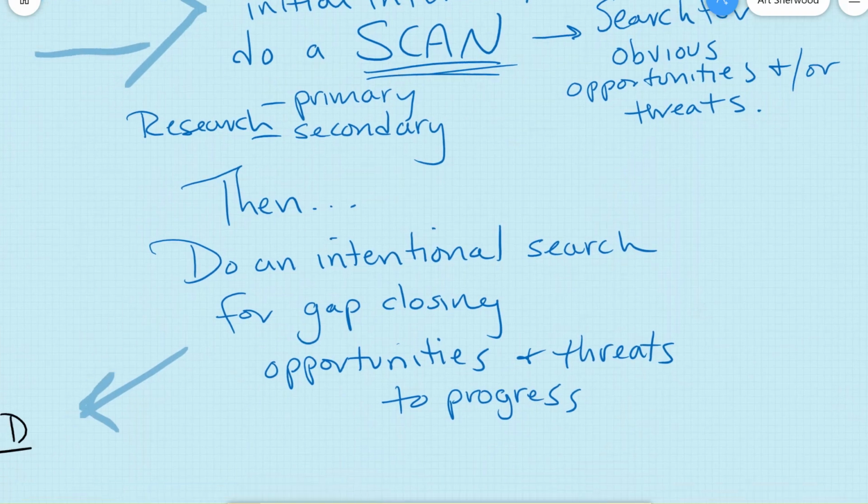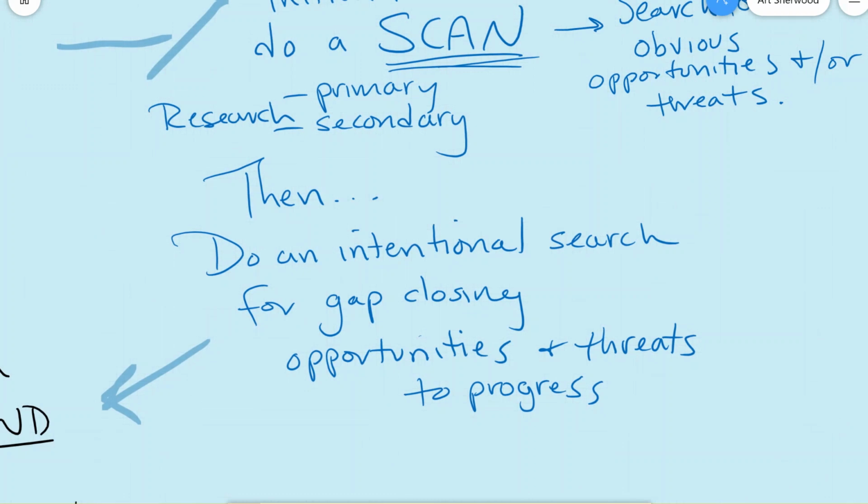Then, once you have your conclusions drawn about the different gaps inside the SWOT analysis, or inside your SW analysis, then you want to do an intentional search. So you've done this scan, you've seen some things, and then you want to do an intentional search for gap closing opportunities and threats that might impede your progress.